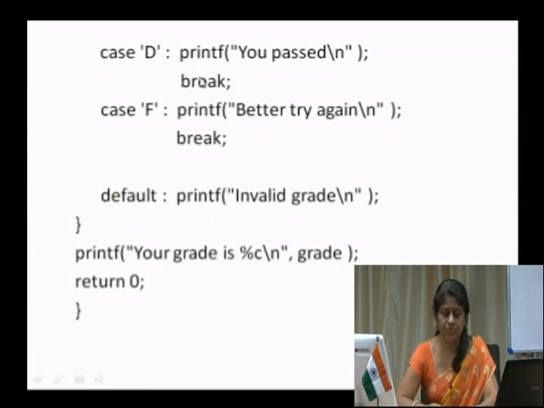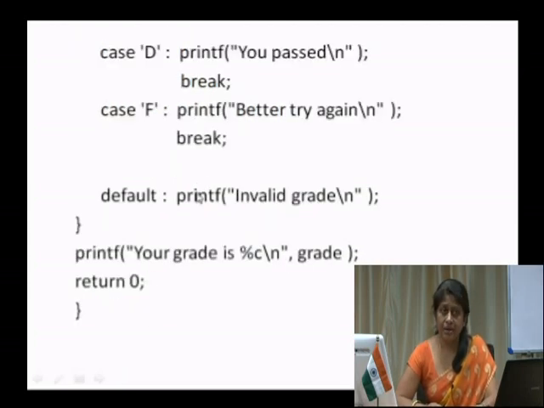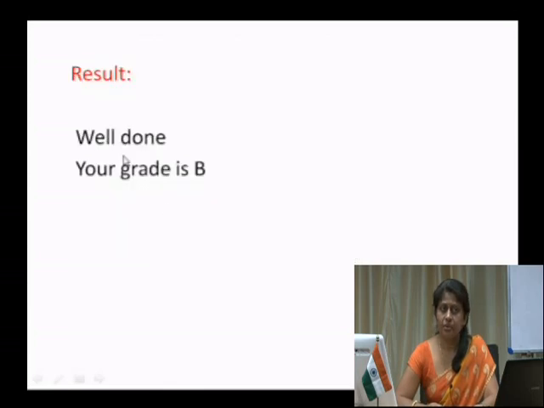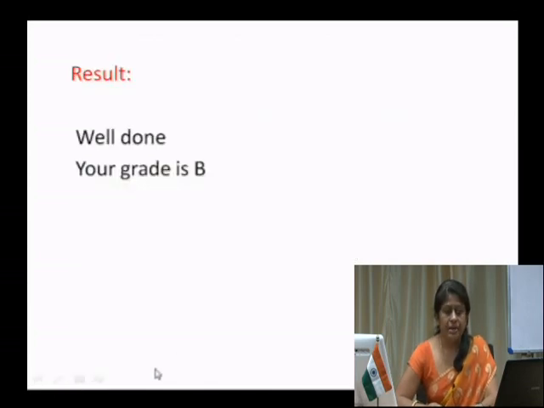That is, if our switch expression is not going to match with any of these case values, then the default case would be executed, but in our case that is not happening, it has already matched with the value B. So, our final output would be well done, and then we had the last statement, apart from the switch block, which says your grade is. So, we are coming across two statements, that is well done when B was chosen and your grade is B.